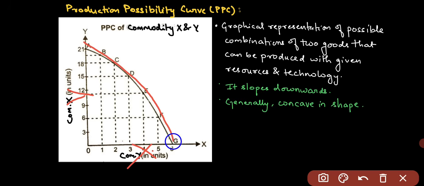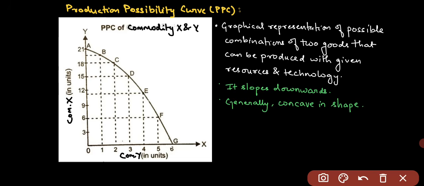It has a concave shape, right? And there are various combinations, you see, A, B, C, D, E, F and G. And when we join all these points, it gives the AG curve. It is the production possibility curve and it is concave in nature.